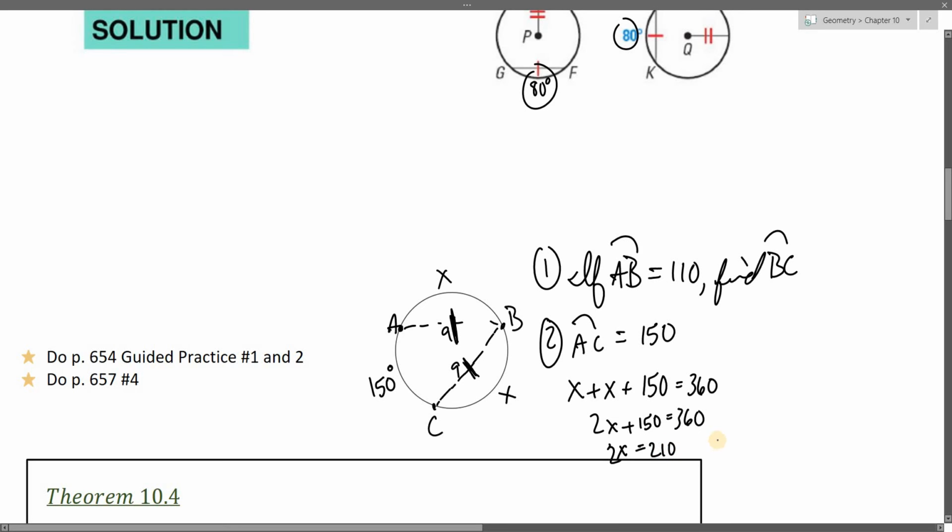So x is going to equal 105. So 105 is going to be the value of x, and so we find this to be 105. Now, this one would also be 105, but that's not what it was asking. It said find the measure of arc AB. So that's how we do that one. Pause the video for a moment, and let's do 657, number 4, at your seats.